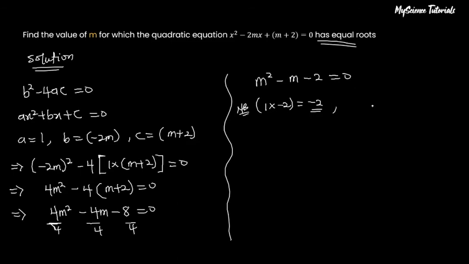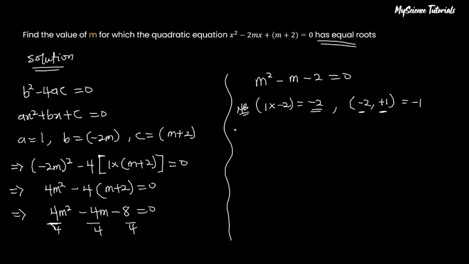Now if you look at it, if we have negative 2 and positive 1, if we add negative 2 and positive 1, we are going to get negative 1, which is the coefficient of the m over here. So these two values will help us get this negative 1.